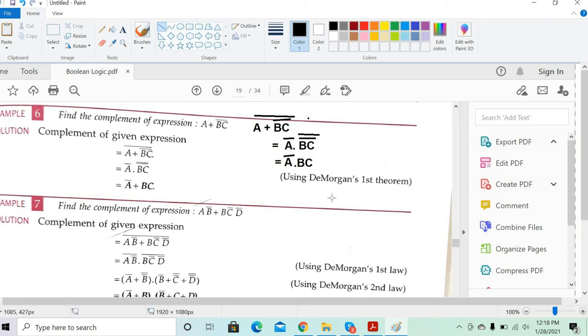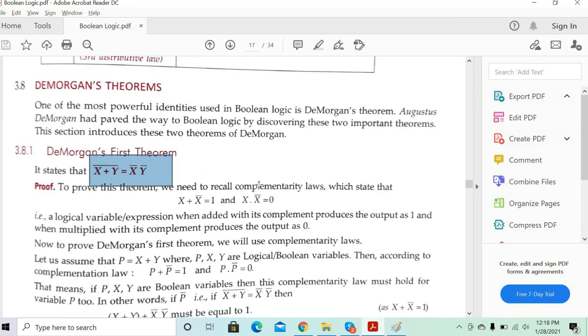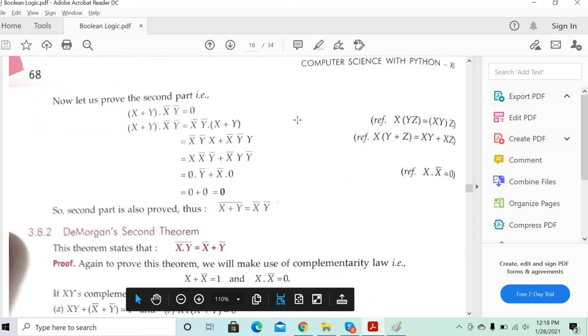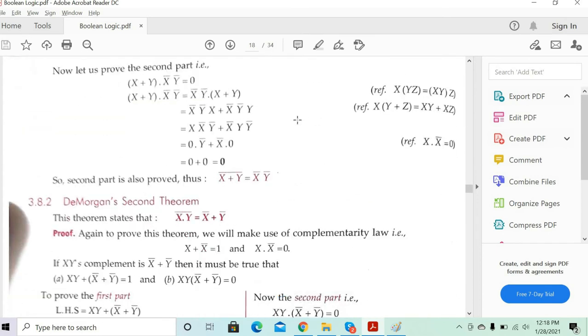Now what is it that you will get? A complement dot BC is there, so which theorem can we replace it with now? Because the other theorem, De Morgan's second theorem, says that X dot Y, the whole complement, is equal to X bar plus Y bar. That we have already applied.